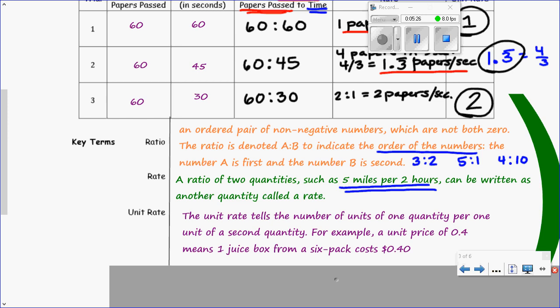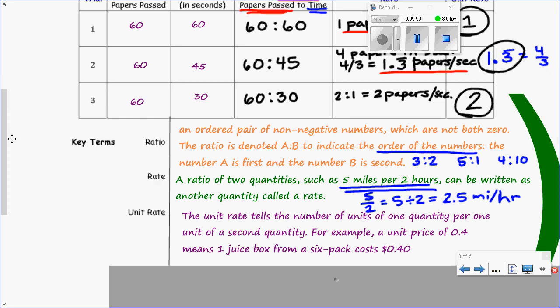If you divide 5 by 2, take your calculator out and type in 5 divided by 2, you'll get 2.5. So it's 2.5 miles per hour. That might be how fast you're going if you're going for a walk.